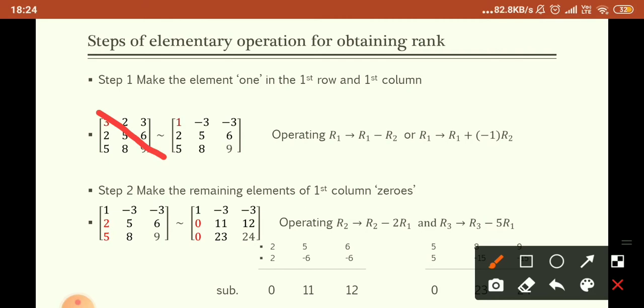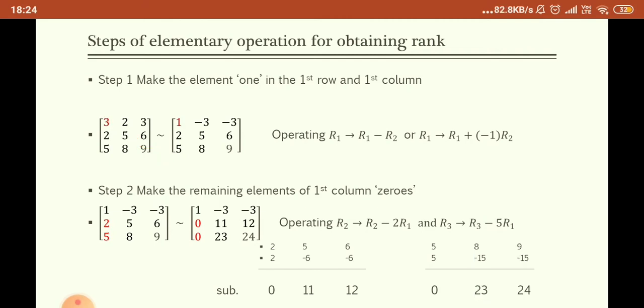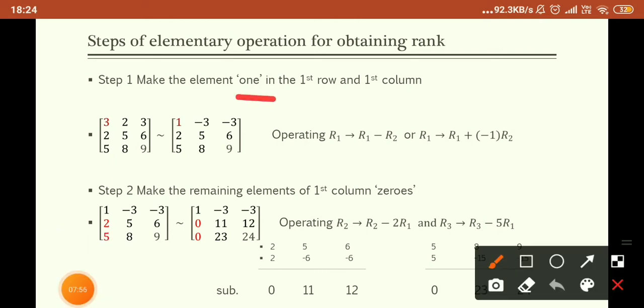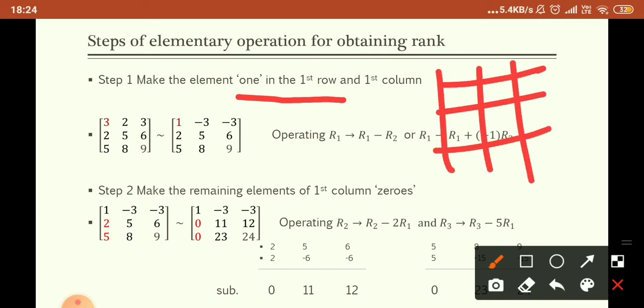So for making this happen, the first step is to make the first element 1. First row first column element means, if you have this type of matrix, the element here in the first row first column, you have to make this 1. So here we have element 3, and 2 in the second row. What we will do, we will subtract.